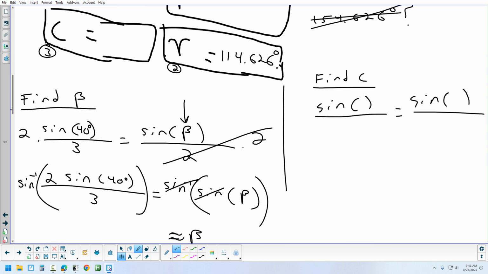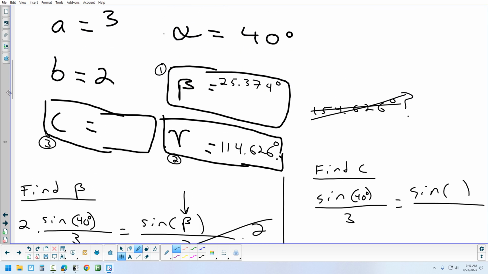So it's the same way we started out when we found beta. So sine 40 over 3. And what's going to go on the right side? Yep, so we're going to do sine 114.626 over C. Okay, cross multiply, and you will have your answer for C.